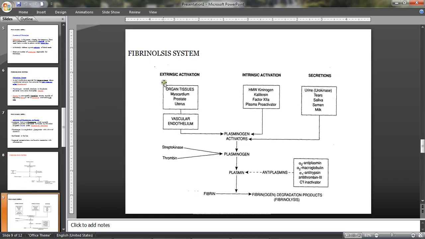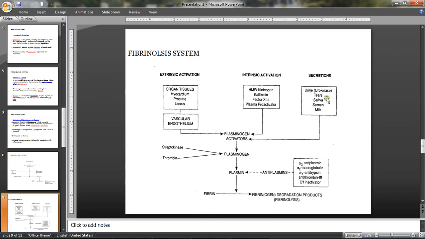Now in the extrinsic activation, the organ tissues like myocardium, prostate, uterus, and their vascular endothelium produce the plasminogen activators. In the intrinsic activation, high molecular weight kininogens, kallikrein, factor 12A, and plasma proactivator also activate the plasminogen.